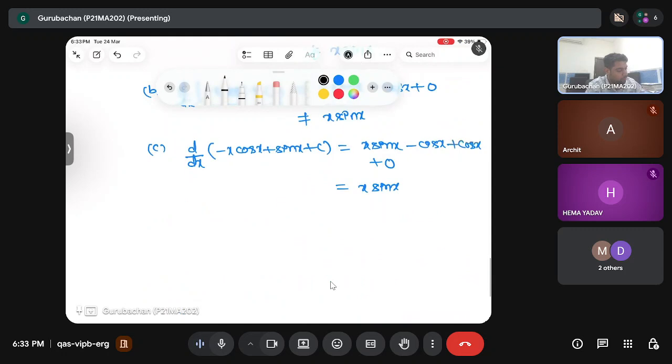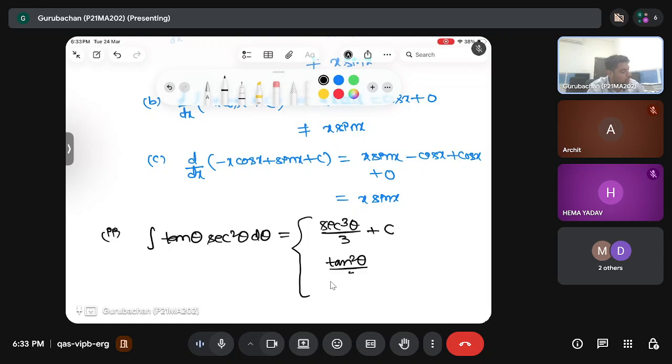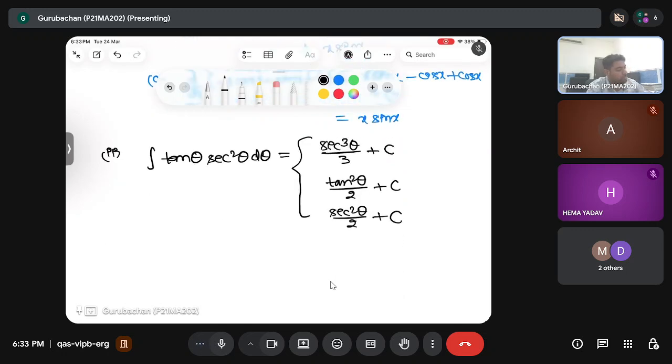In the same way, I am giving you two more problems. You just need to verify the integral of tan theta secant square theta d theta, and the possible answers will be secant cube theta divided by 3 plus some constant, tan square theta divided by 2 plus some constant, secant square theta divided by 2 plus some constant, and the last one.